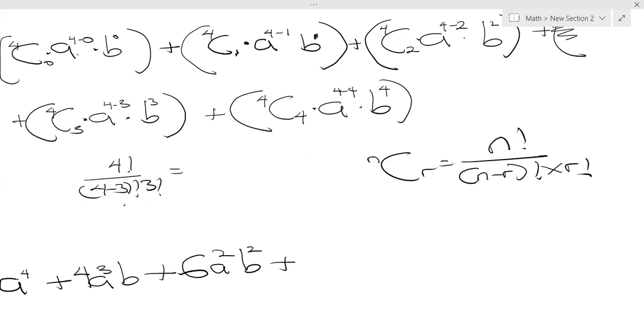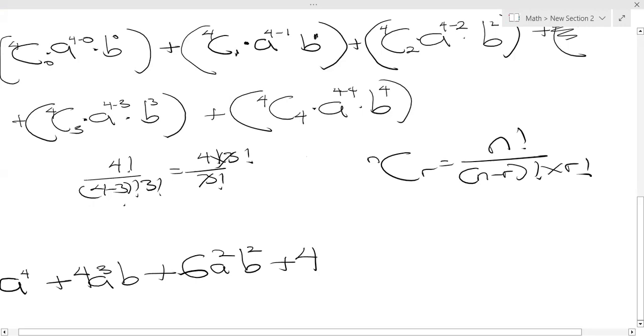So we're left with 4 factorial over 3 factorial, which is 4 times 3 factorial, because if we go 4 times 3 times 2 times 1, this can cancel again, so we're left with 4. What's the power of a now? 4 minus 3 is 1, so that's a raised to the power 1, or just a. And then we have b raised to the power 3.